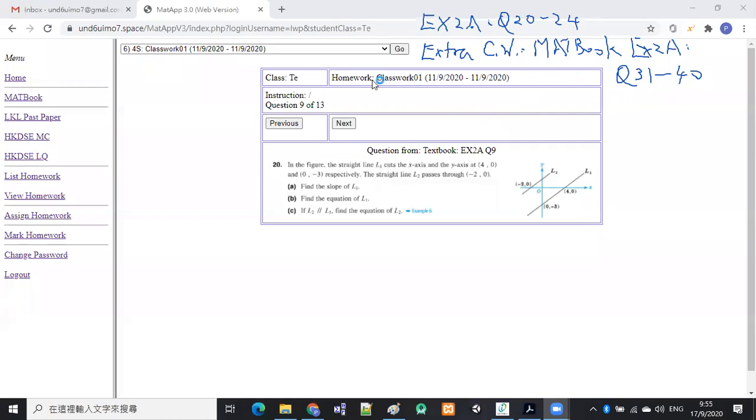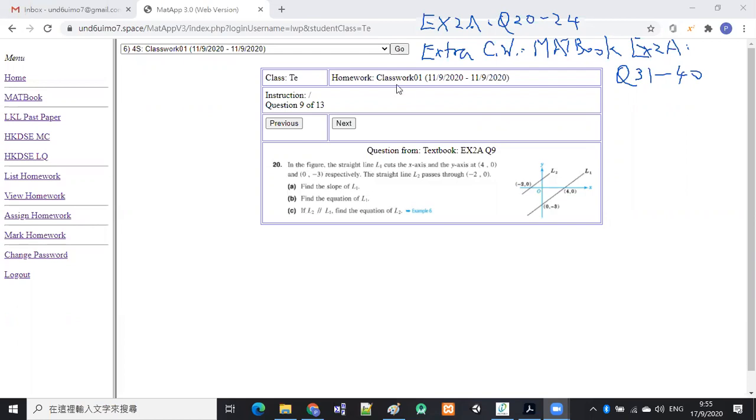So I know that some of you have already finished all the questions, but I don't want you to waste time just waiting for my explanation. So I assigned a new classwork, the MathBook exercise 2A, question number 31 to 40.